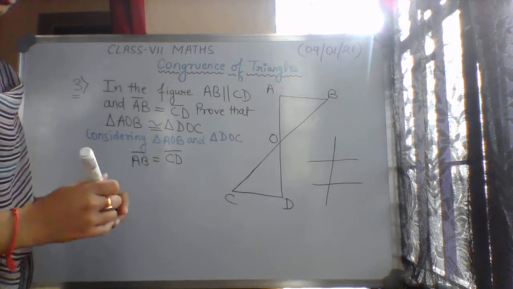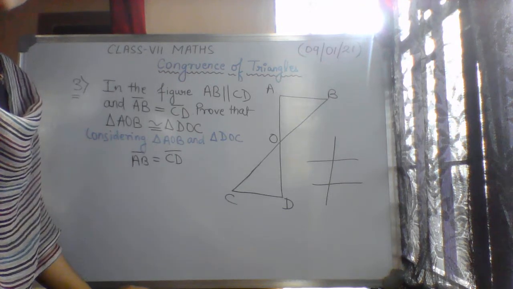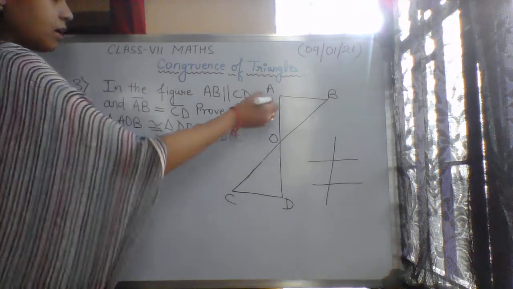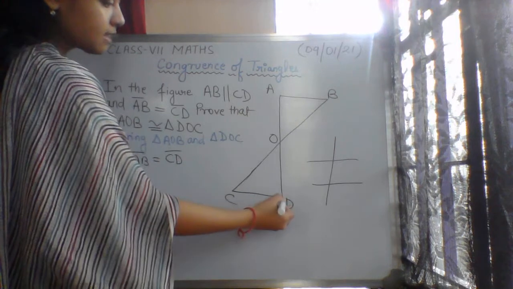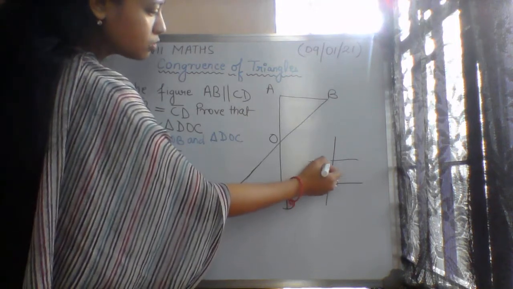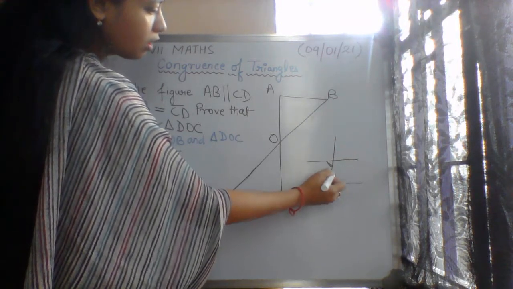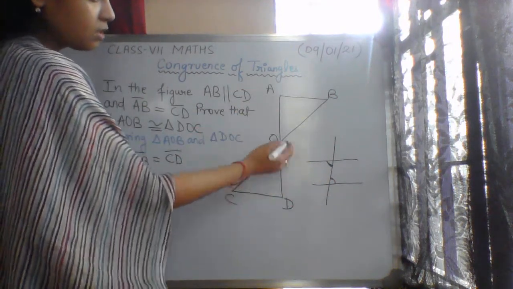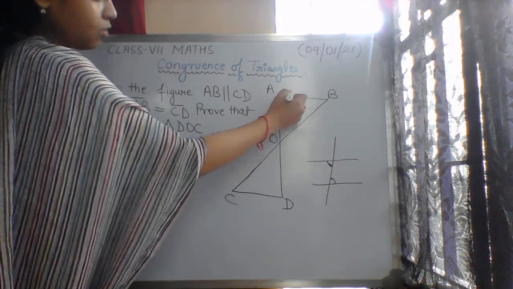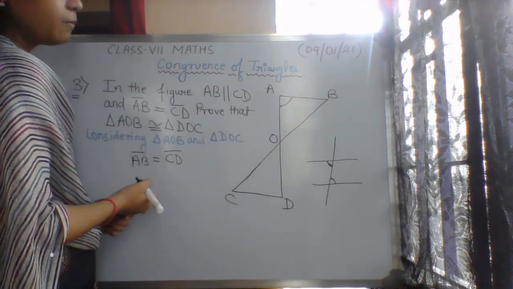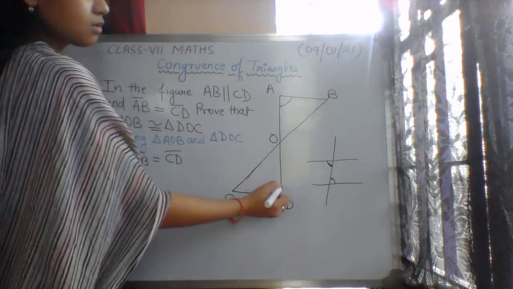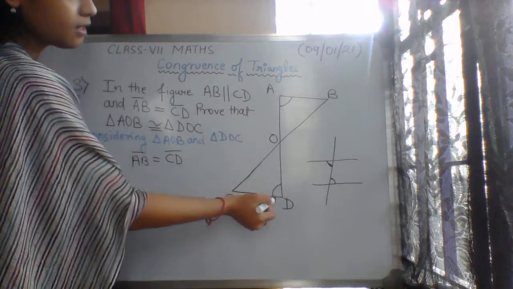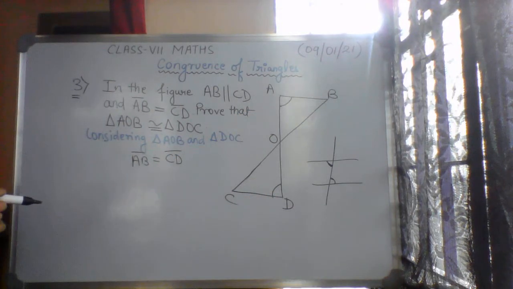So here you try to see the things. I am taking AD as a transversal. You know these two are called alternate interior angles. If this is a transversal, this angle will be equal to this angle. So you just correlate with that figure. Alternate interior angles, isn't it?